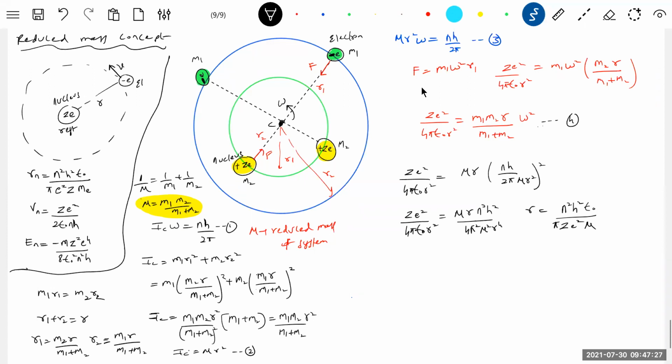If you say yes, then I'll proceed further. This is the expression for the radius of the nth Bohr orbit.